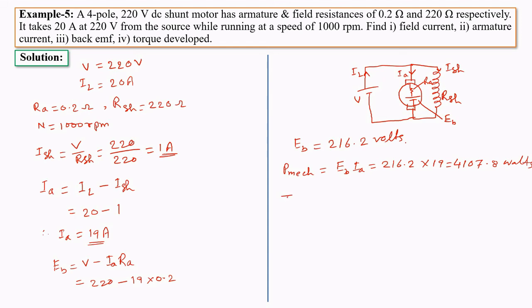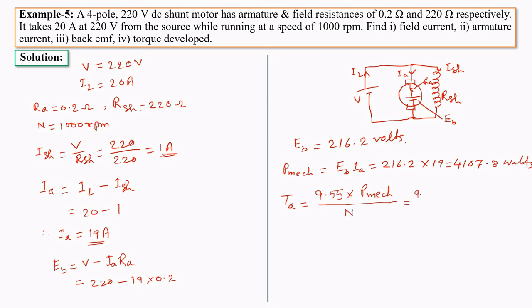Therefore, the torque developed in the armature is given by 9.55 into mechanical power developed in the armature upon the speed.